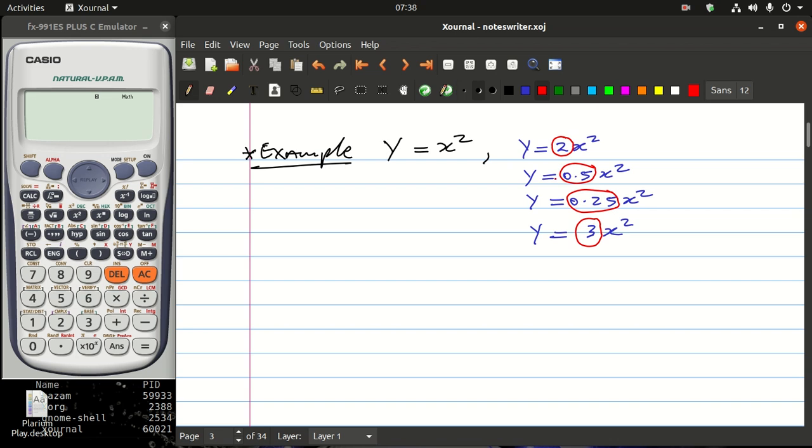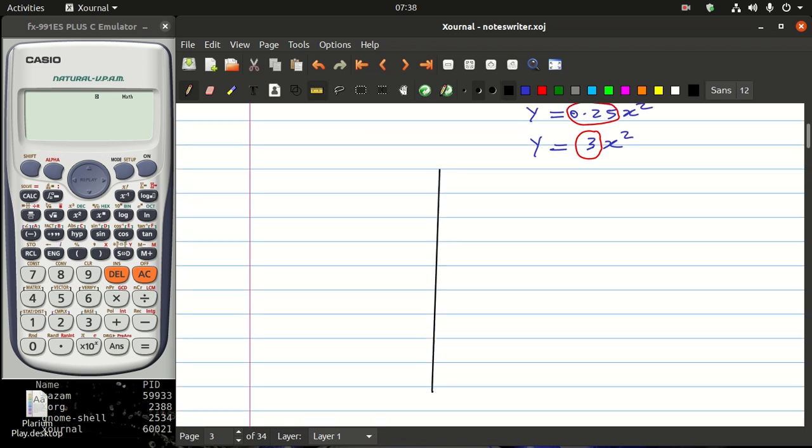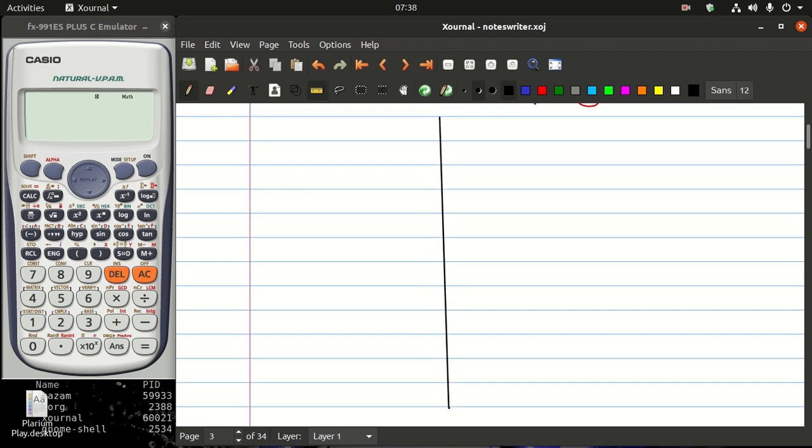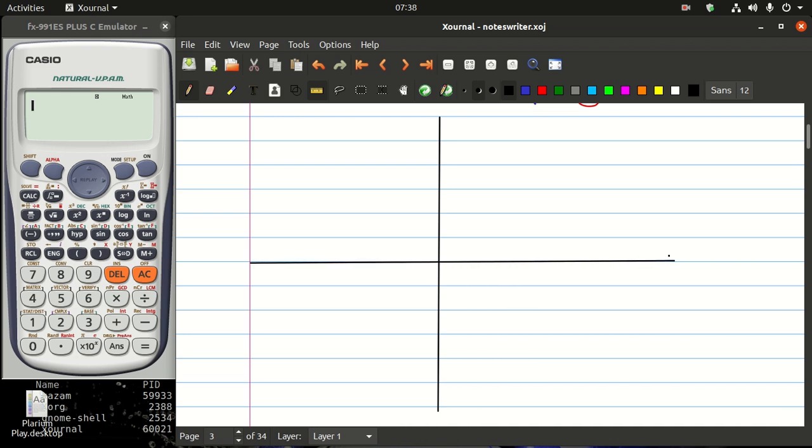Now, to draw these functions, or this elemental transformation of this particular function, first we need to draw this function here. So we're gonna have our nice ruler. I'm gonna place a ruler there. Let's move down. So we're gonna have this, and of course we're gonna move to this side here.